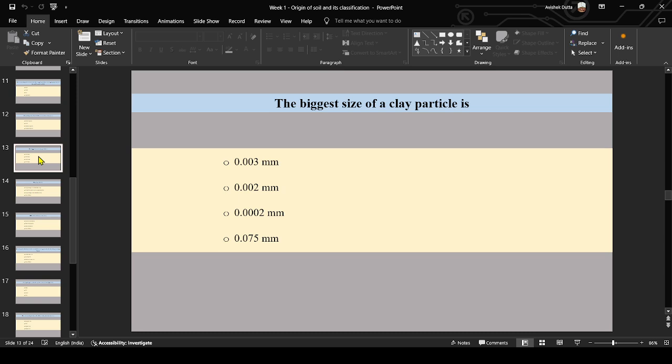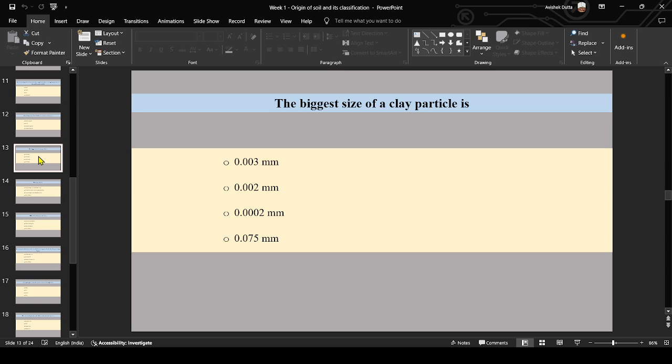The options are number 1, 0.003 millimeter. Number 2, 0.002 millimeter. Number 3, 0.0002 millimeter. And number 4, 0.075 millimeter.